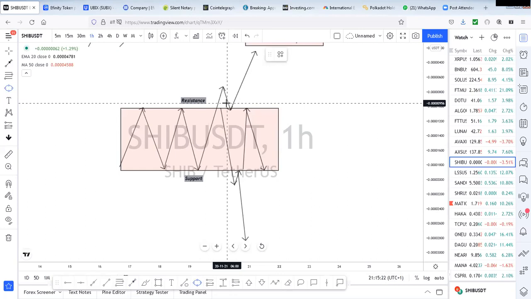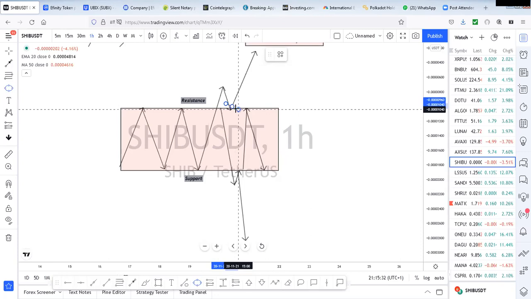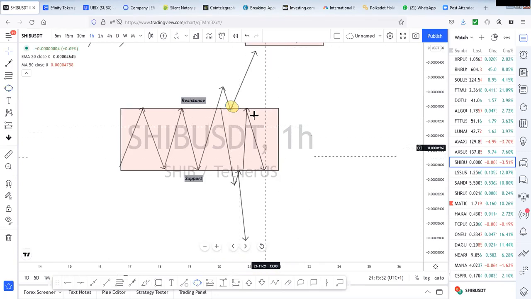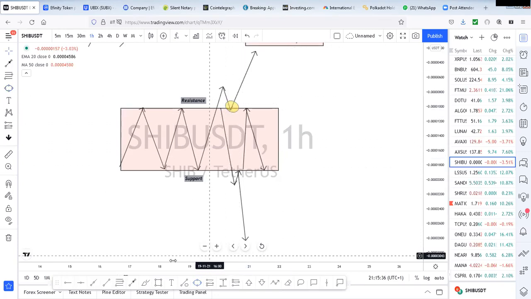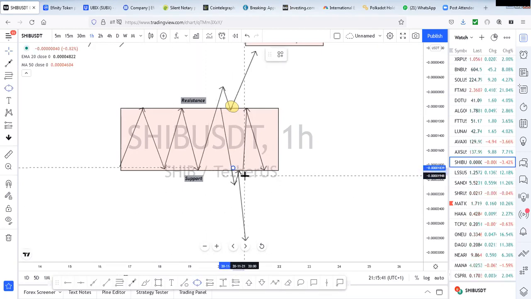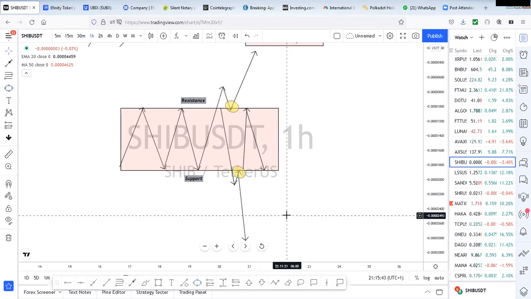I don't like trading ranging markets. I will have to be patient and see a breakout here. I will then make my buy entries here, or I will see a breakout on the downside and make my entries at this level.